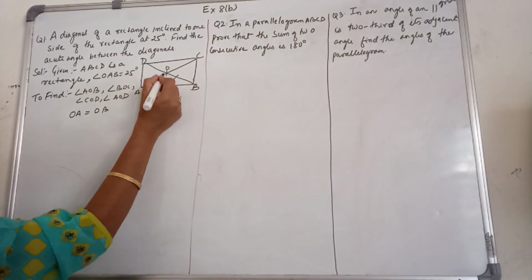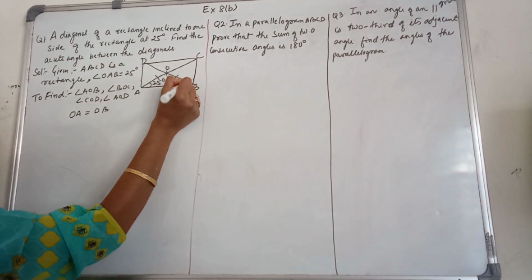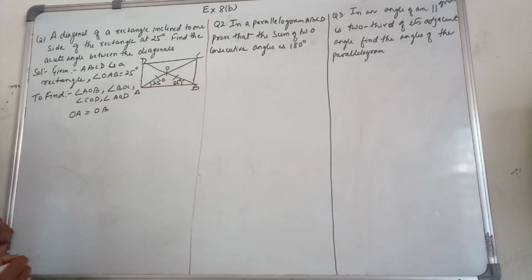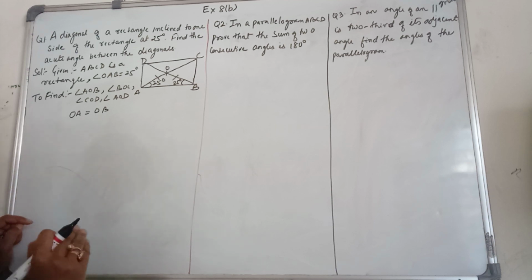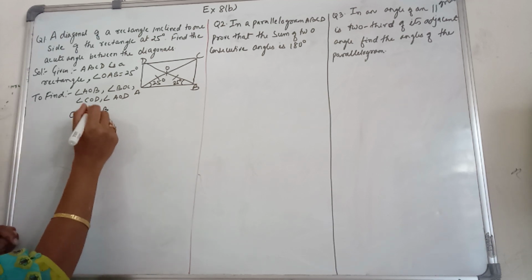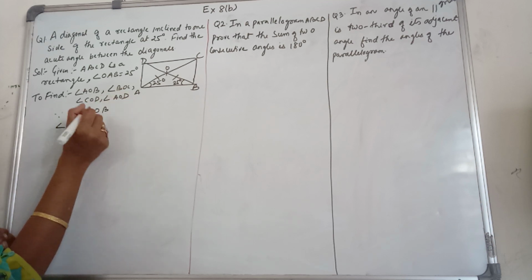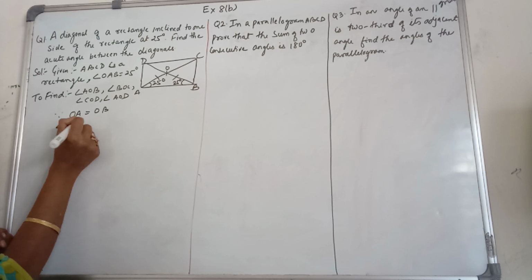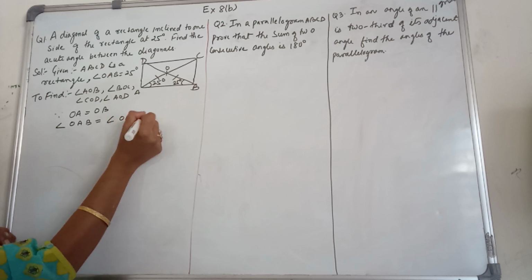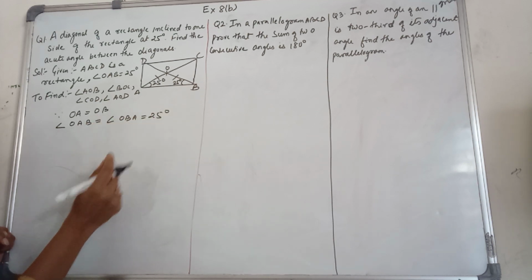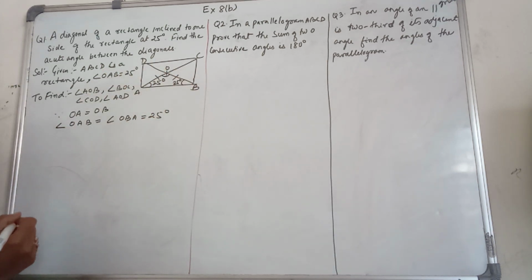So if OA is equal to OB, this 25 degree will form again 25 degree here. Since OA equals OB, angle OAB is equal to angle OBA, which is equal to 25 degree.